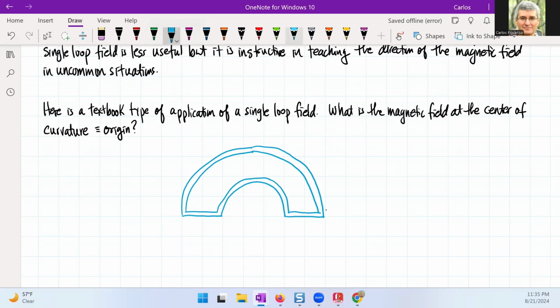So here's my configuration. This is really a single wire. And what you can see here is that there are two different radii. The center of curvature or the origin, I'm going to call this R1, and I'm going to call this guy R2.